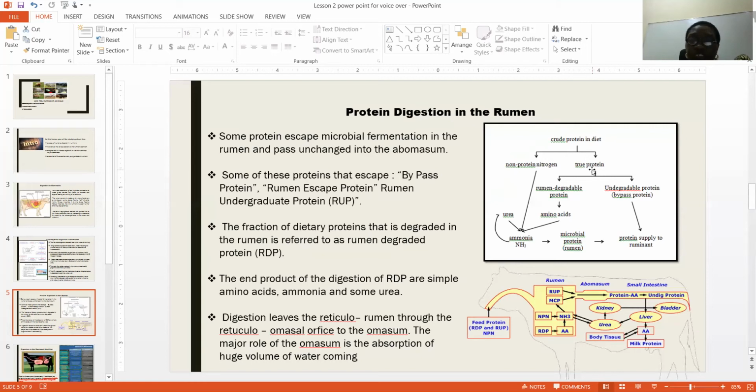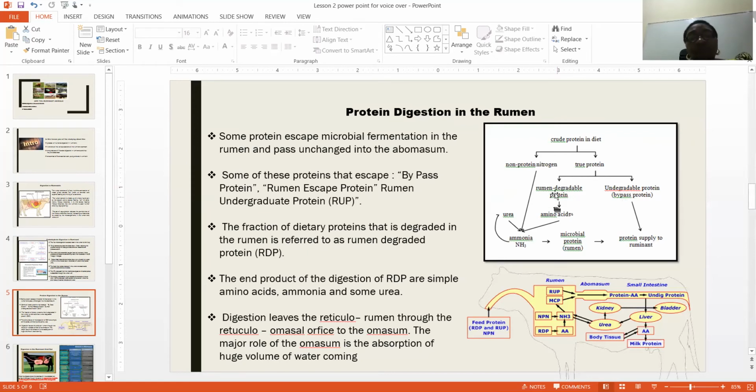The true protein that is contained in the feed, when eaten, gets to the rumen and is degraded. There is also another form of true protein, which is referred to as rumen undegraded protein. That is to say, it bypasses the rumen and gets into the abomasum. The one that goes through the rumen is degraded by microorganisms.